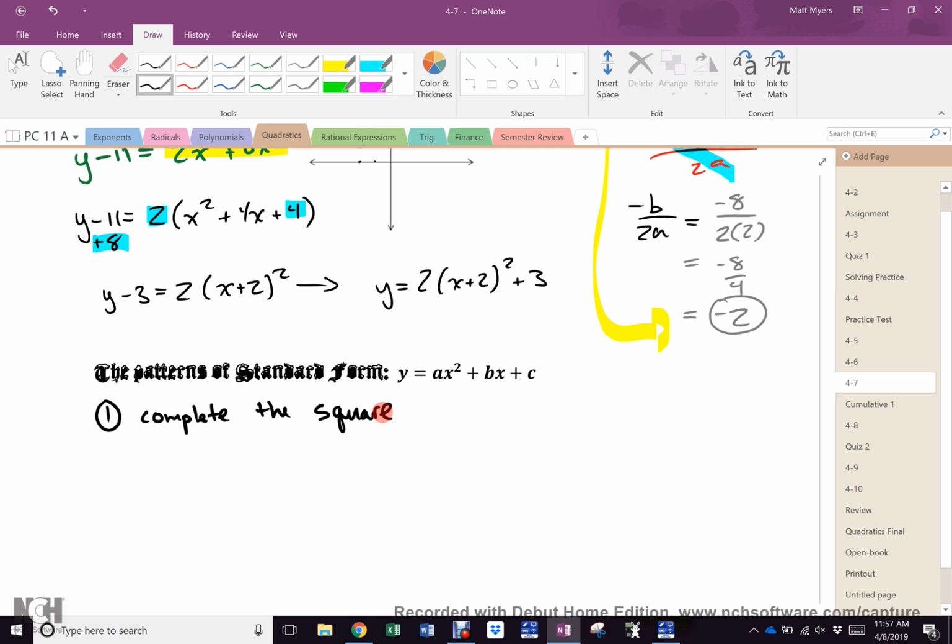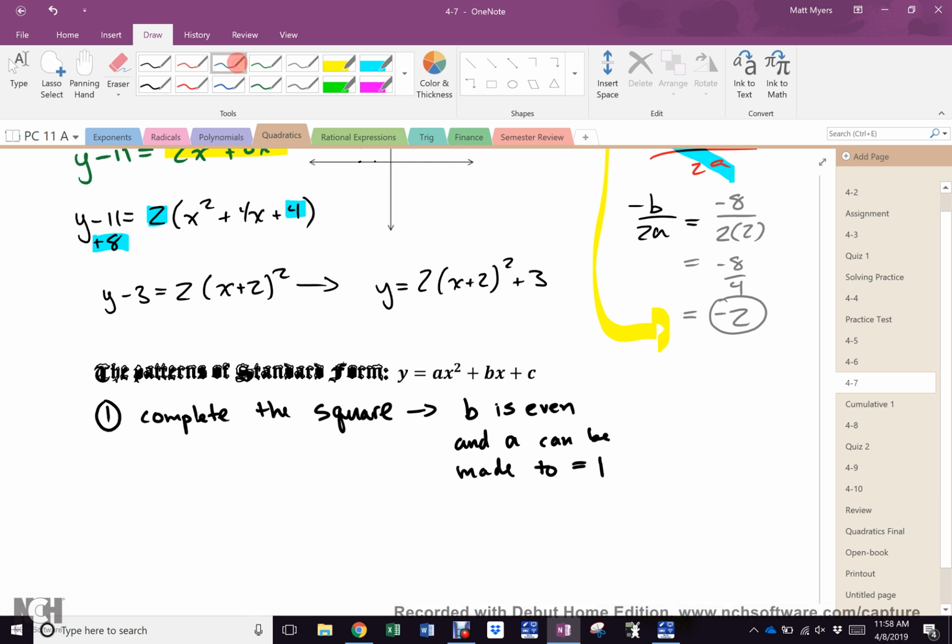I mean, you guys are never happy completing the square, but you know what I mean. When would you complete the square? Right. You would complete the square when b is even and a can be made to equal 1. If you can do that, completing the square is great, right?